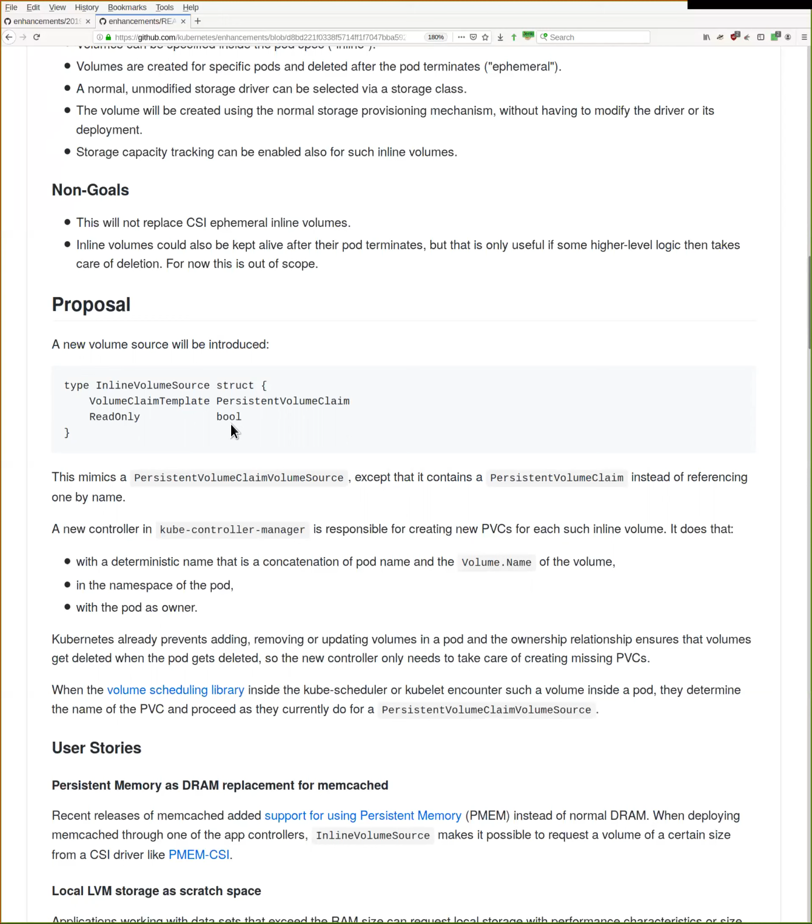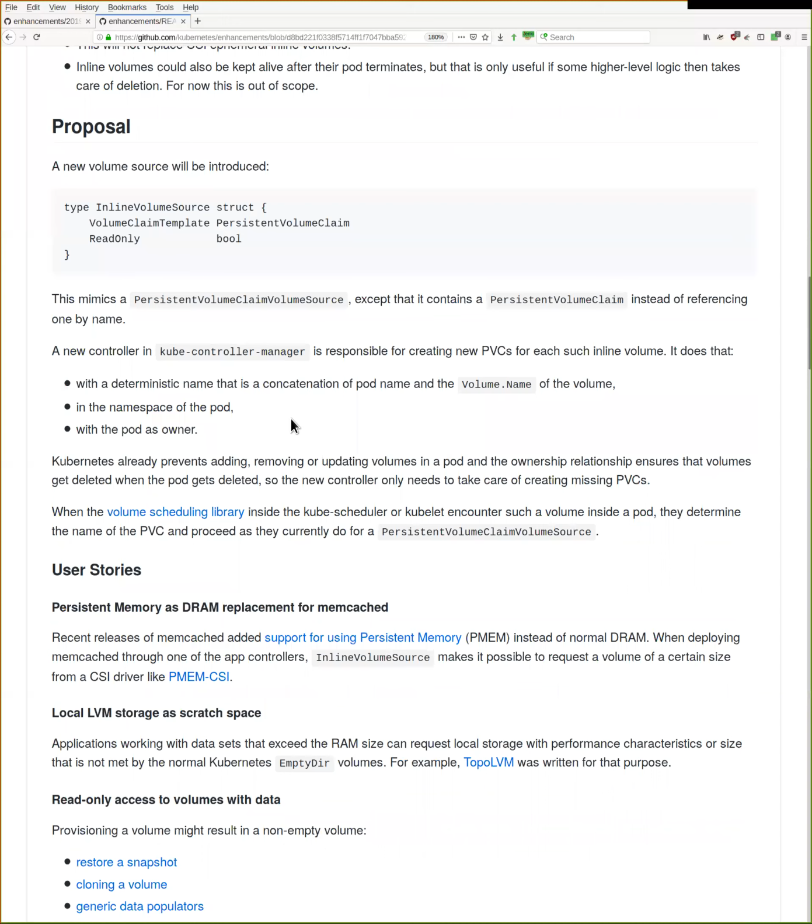Then if that is what's providing the volume in the pod, we need a new controller, and we agreed that this most likely needs to go into the Kube controller manager, which looks for pods with such a volume source. And when it sees one, it creates a PVC inside the same namespace as the pod. That's conceptually the same as what the stateful set controller does, except that we now apply it one level below, for pods.